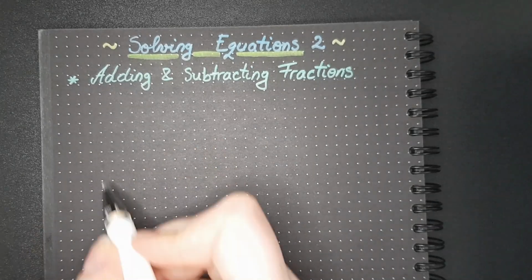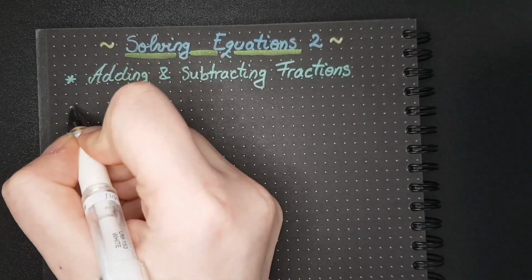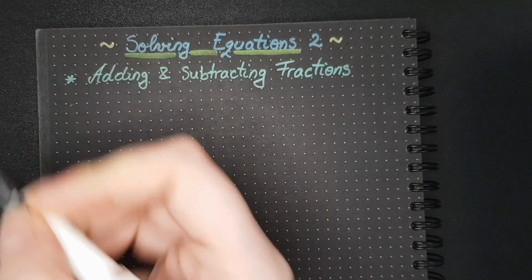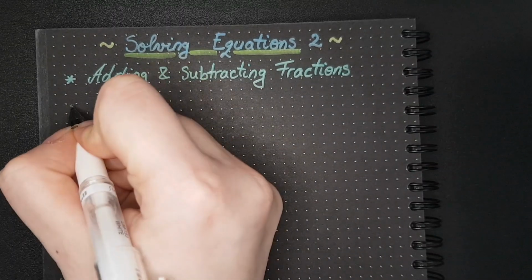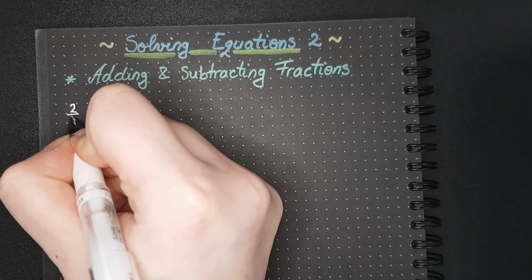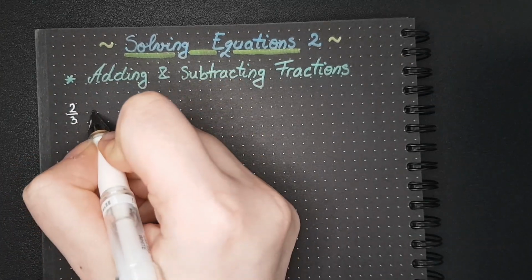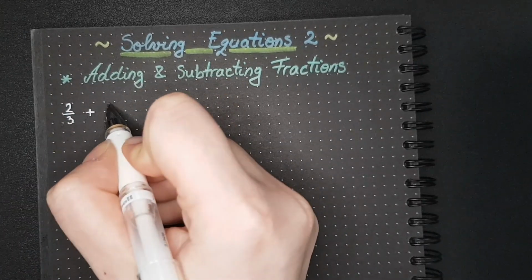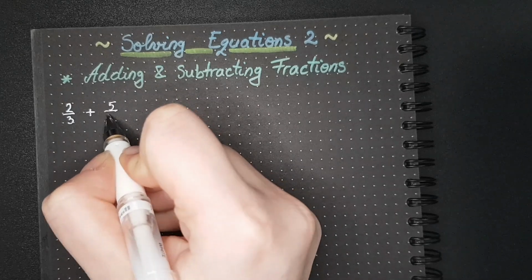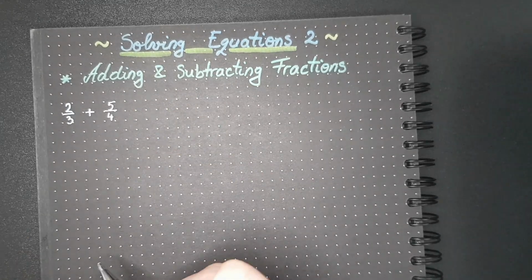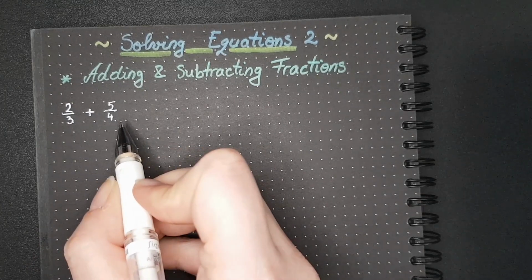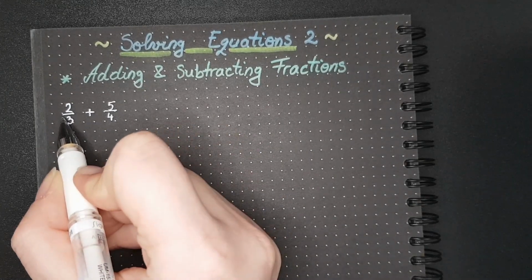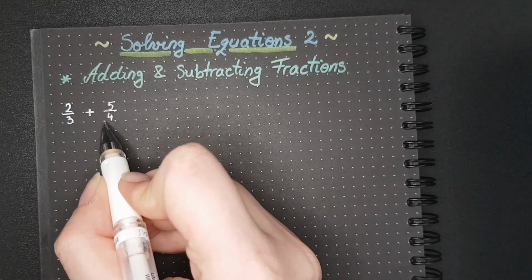So the first example on adding, let's say I've got 2 over 3 plus 5 over 4. Every single time you add or subtract fractions, we need to have the same number on the denominator.